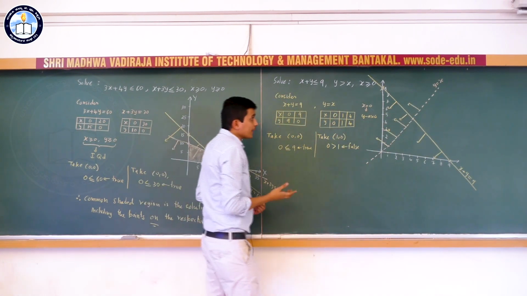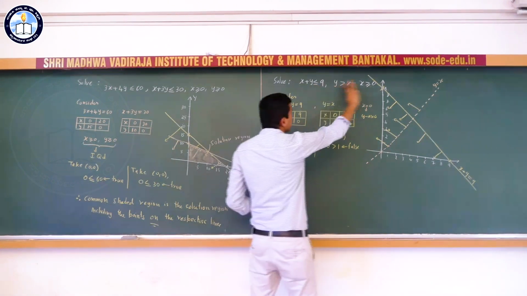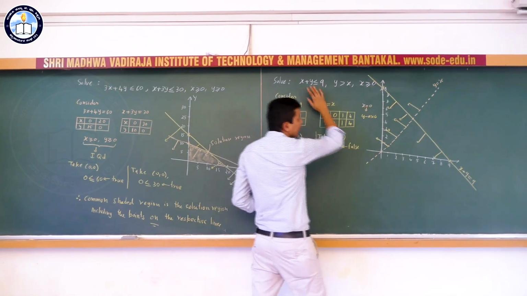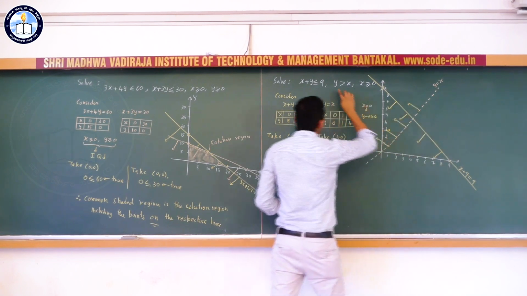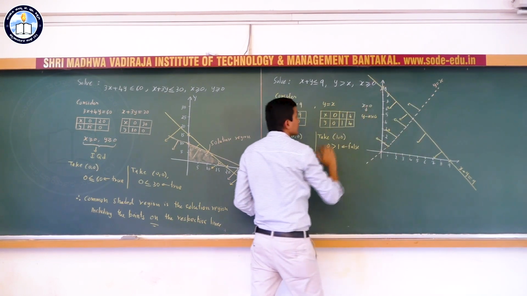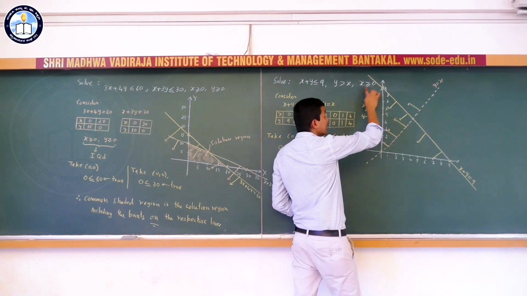Now I need to get the common region for all three inequalities. For this line, it is towards the origin. For this line, it is this side. And here it says that x is greater than or equal to 0.